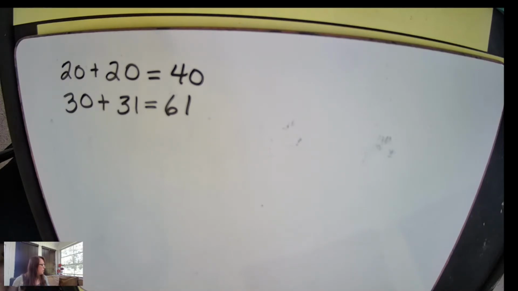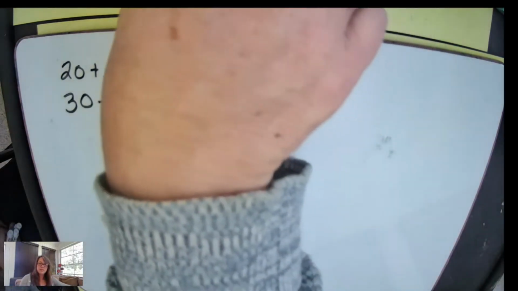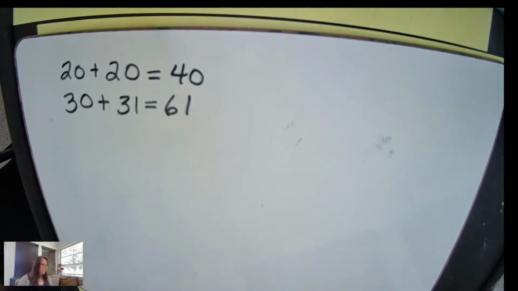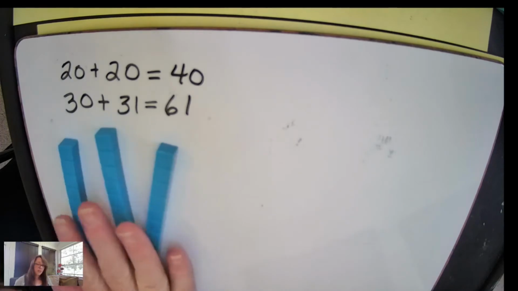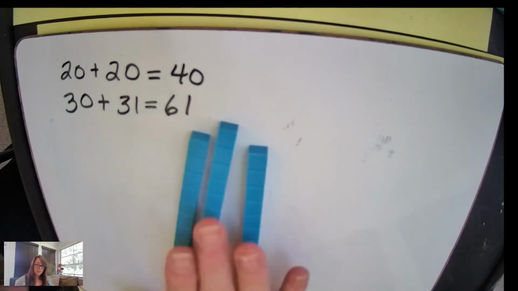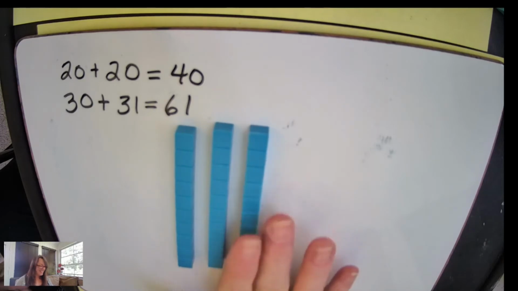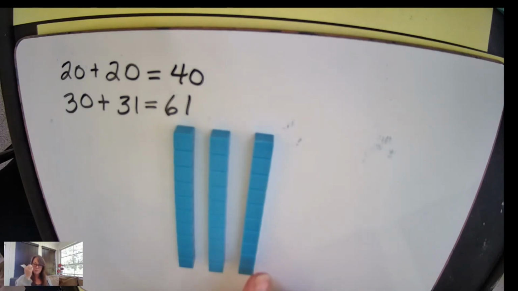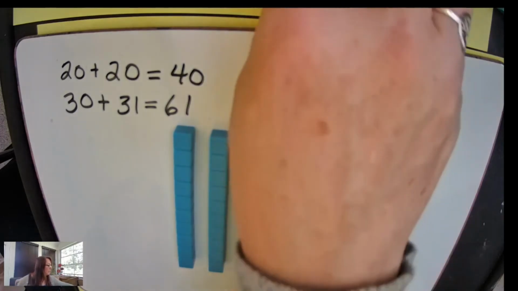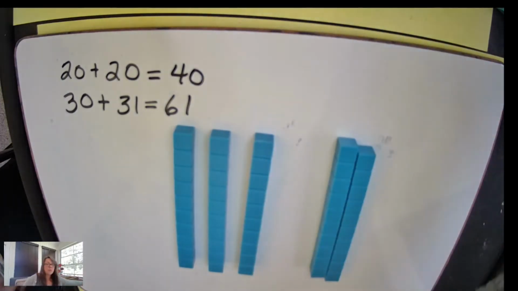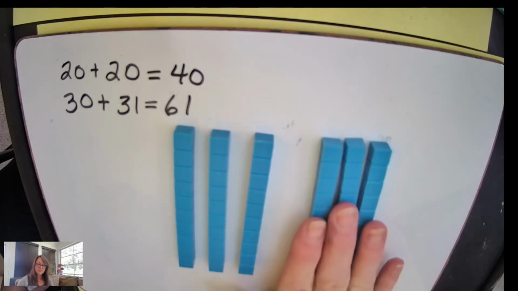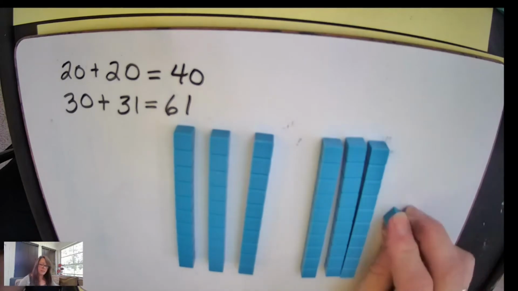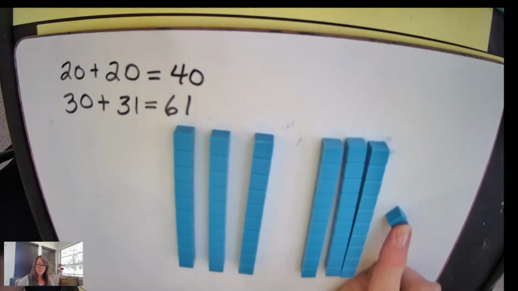Okay, so Jordan was thinking about the tens. He said that he thought about 30 as being 3 tens. 10, 20, 30. And 31 as being 3 more tens, 10, 20, 30, and a 1. 31.